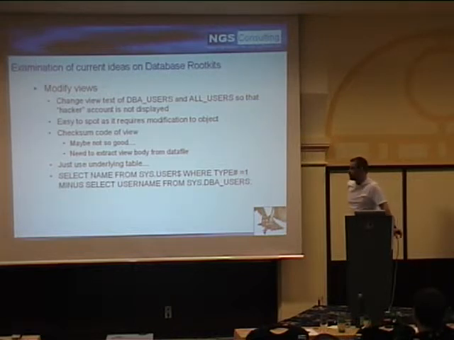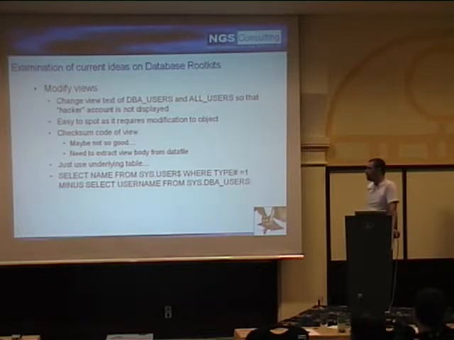If the attacker is that advanced, basically, they can modify the database server such that when someone does a check on the code of the view, for example, they might use the DBMS_UTILITY package to create the checksum, they just need to modify that and fire back whatever they want you to see.